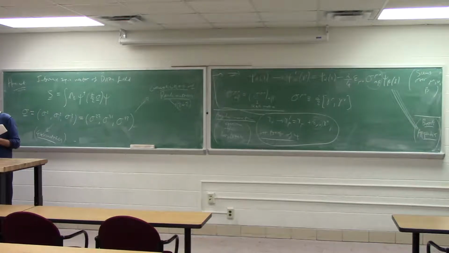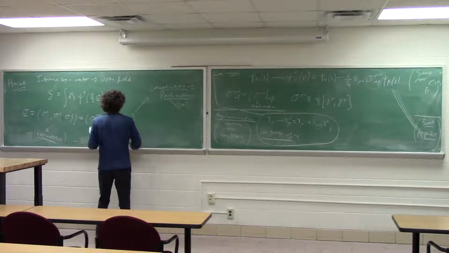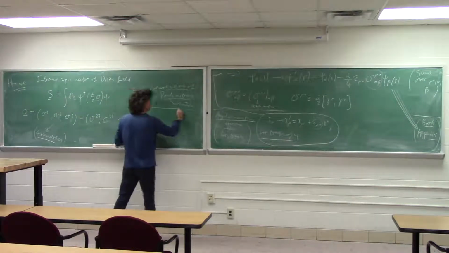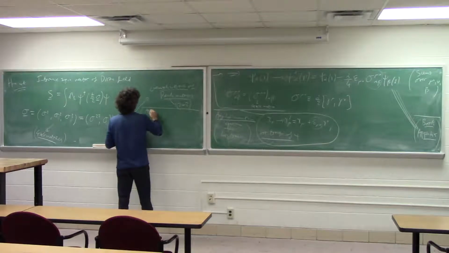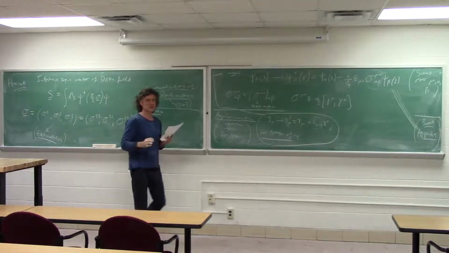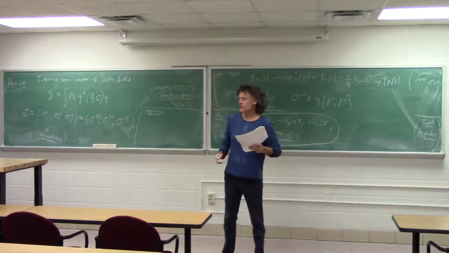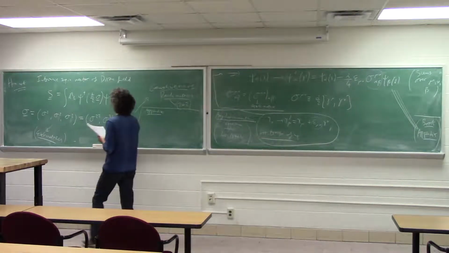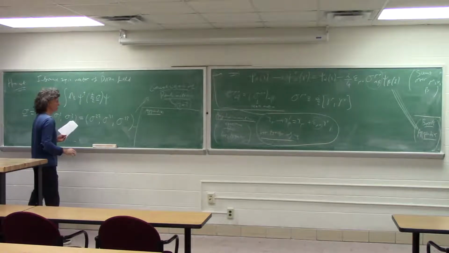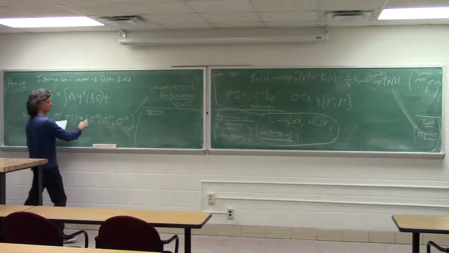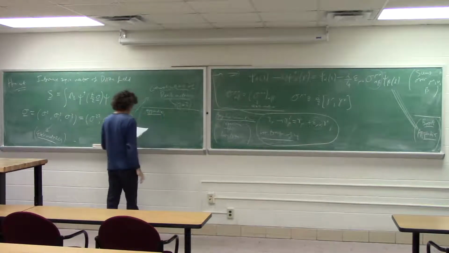There's something you might want to check if you're interested. Again, if you look in the appendix, I'm not going into this because we're not really going to need it, but you might be thinking, hang on, what's the connection actually with the Pauli matrices? These are 4 by 4 matrices. Pauli matrices are 2 by 2.